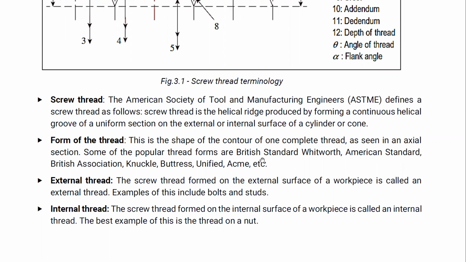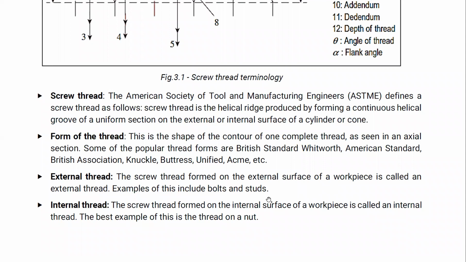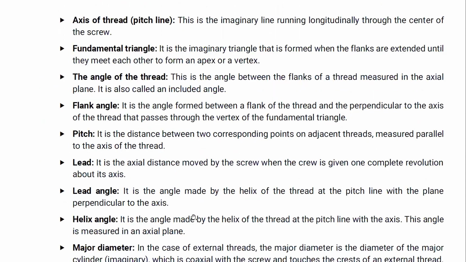Some popular threads are British Standard Whitworth, American Standard, British Association, Knuckle, Buttress, Unified, and Acme. These are the forms of thread. Then external and internal thread. Screw threads on the external surface of a workpiece are called external threads, such as bolts and studs, while screw threads on an internal surface are internal threads, like in a nut.